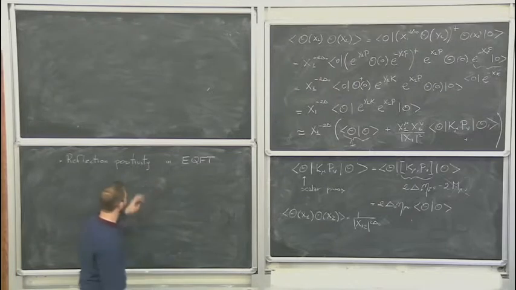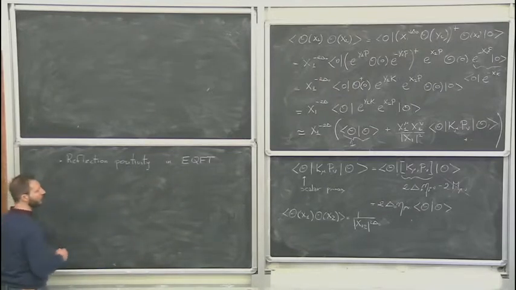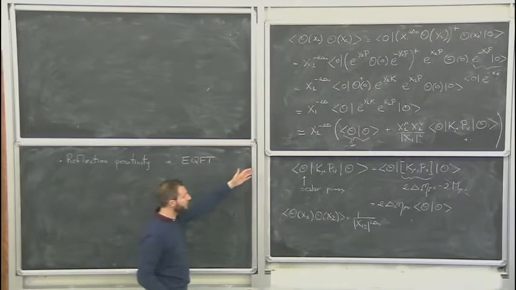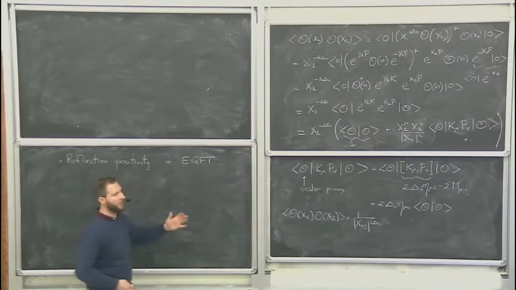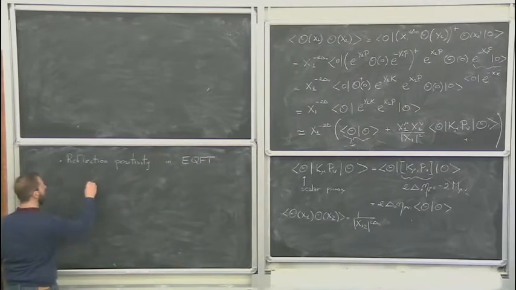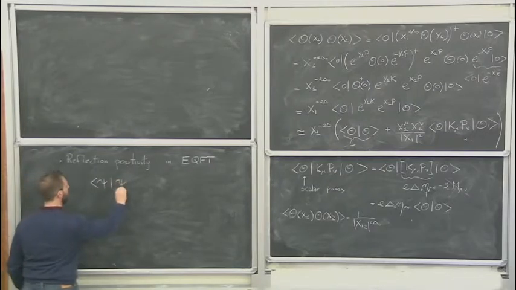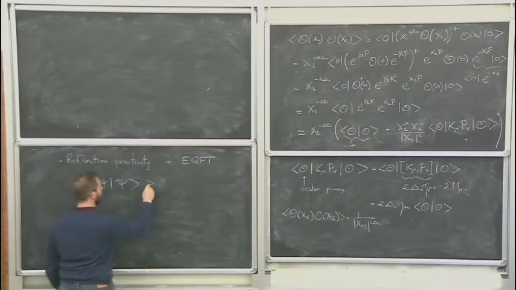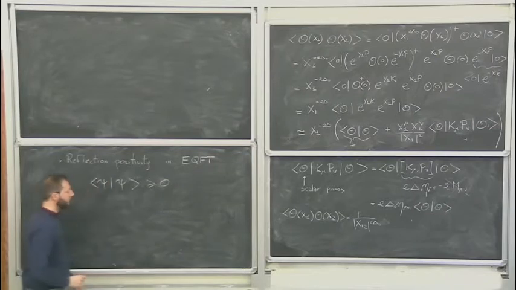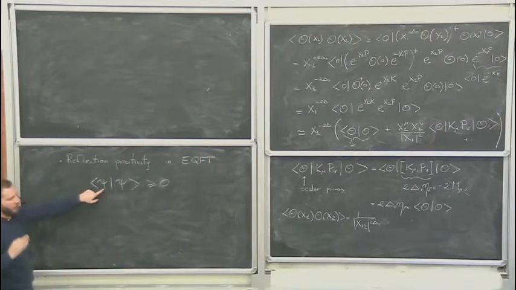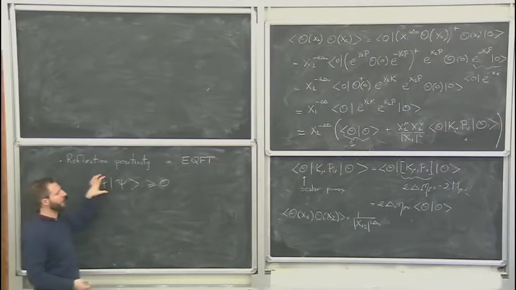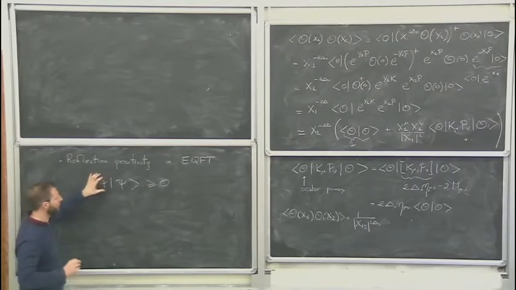And this reflection positivity simply tells you that the norm of a state defined in our way must be positive. Okay, so if you take a state here, this has to be positive, where this state is literally the conjugate as we defined this morning. It's the conjugate according to your quantization condition.